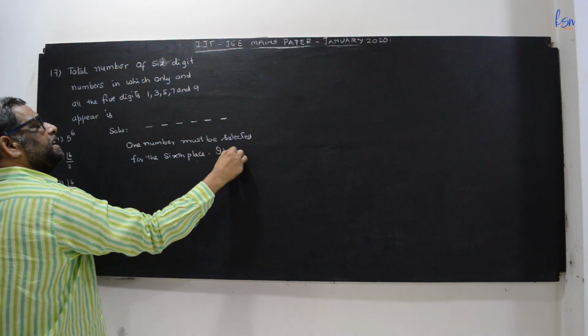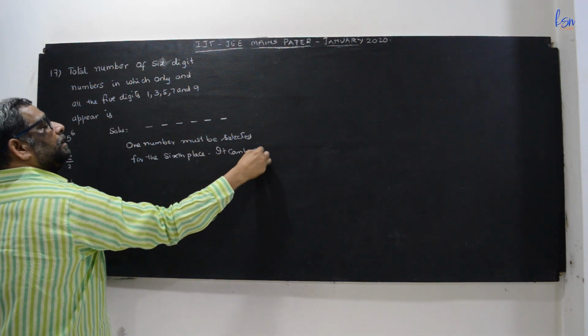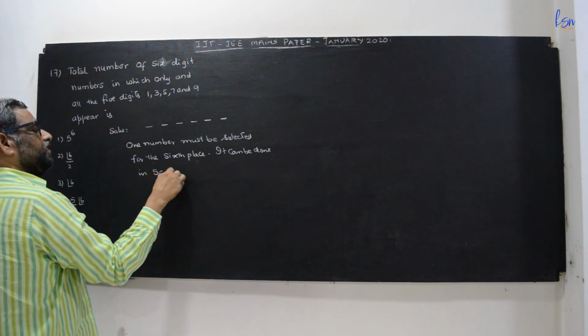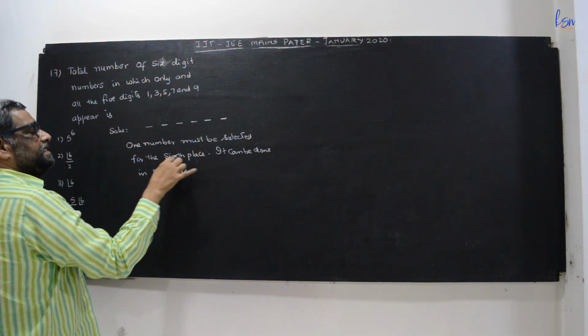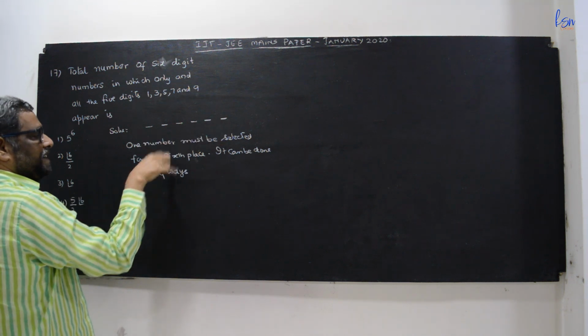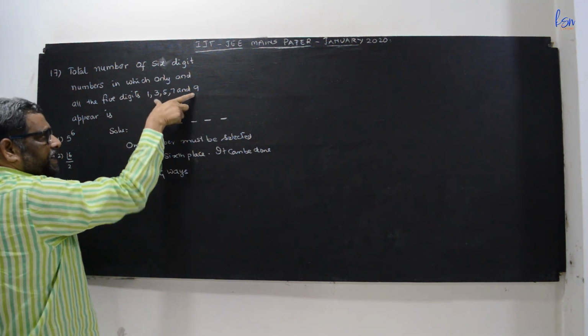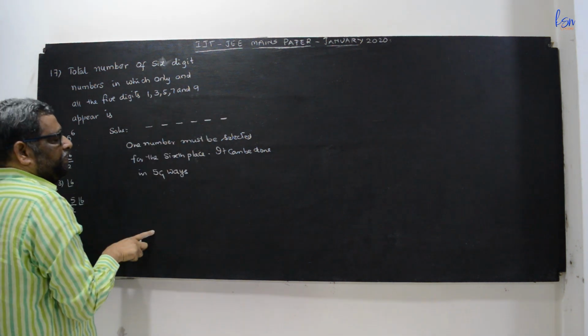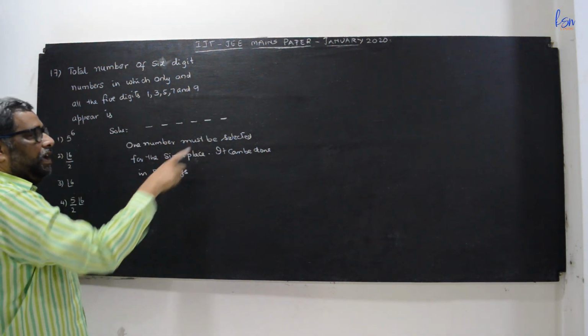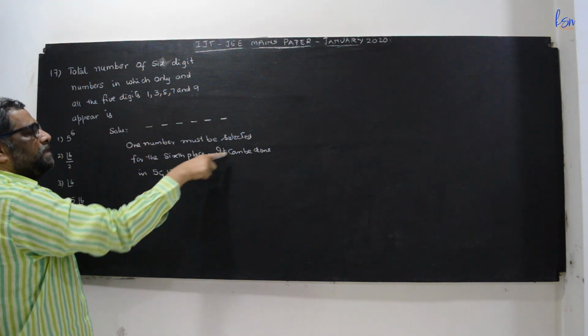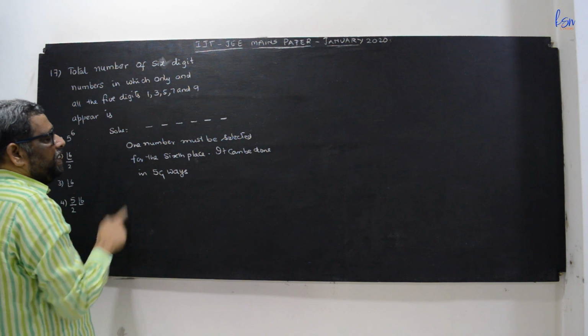So it can be done in 5C1 ways. Here the 6th place does not mean the last or the first. Among the given 5 digits, any 5 places can be filled, and the 6th place is left over. That place can be filled with any one of these numbers. So one must be selected for that place. It can be done in 5C1 ways.